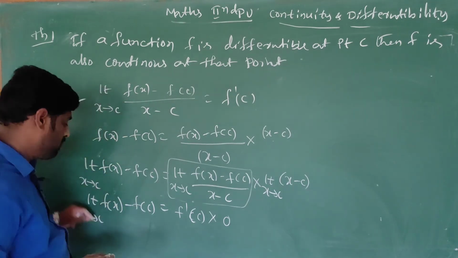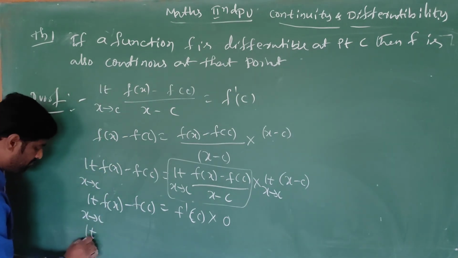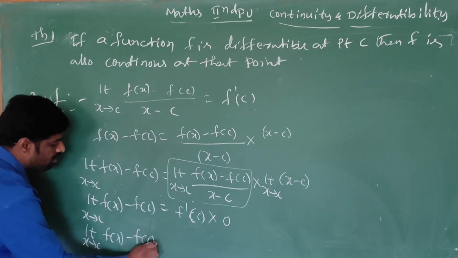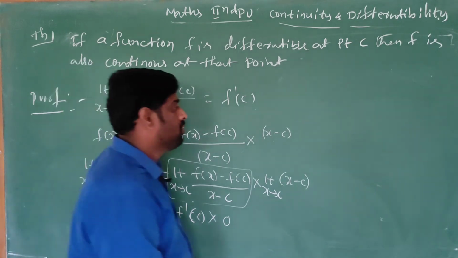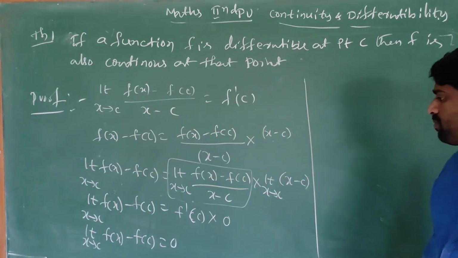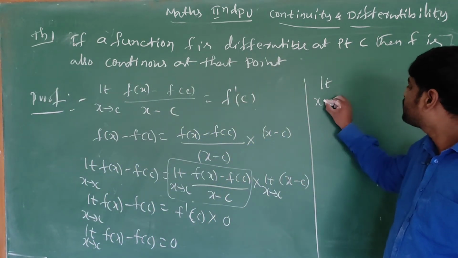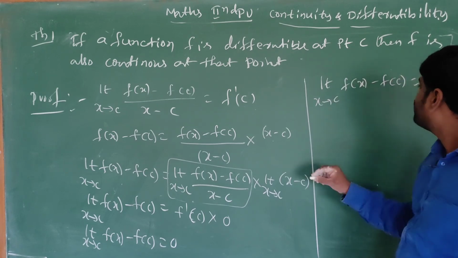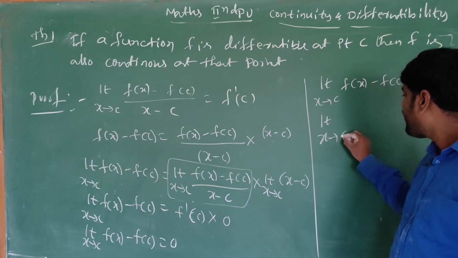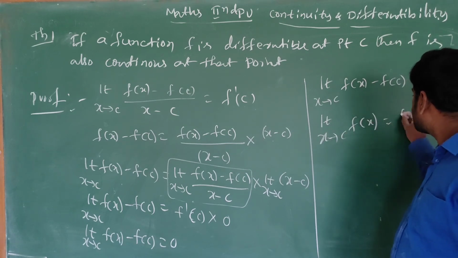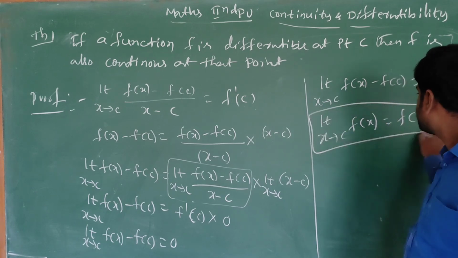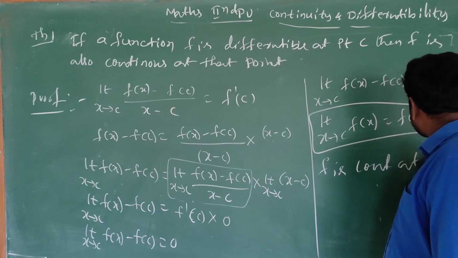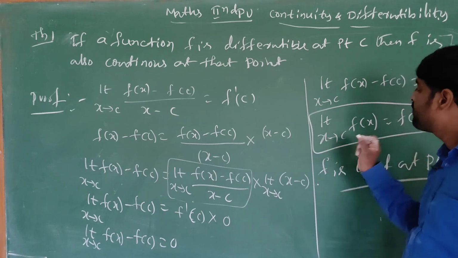This term is what? 0. So limit x tends to c, f of x minus f of c equals 0. That means limit x tends to c, f of x is equal to f of c, then f is continuous at point c.